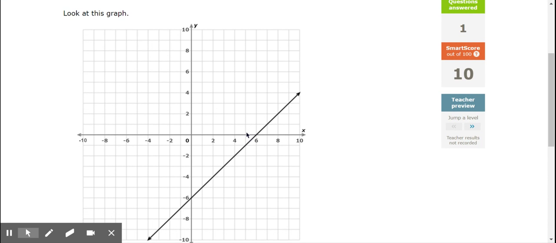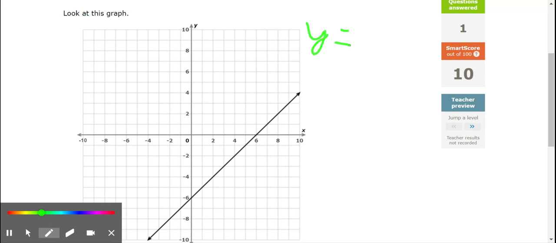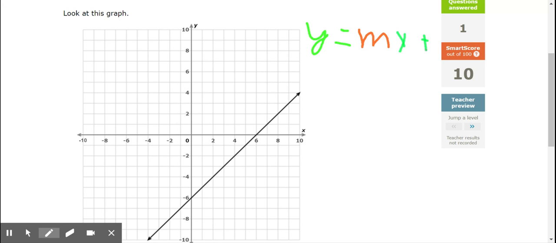So once again, I need my equation. y equals mx plus b.